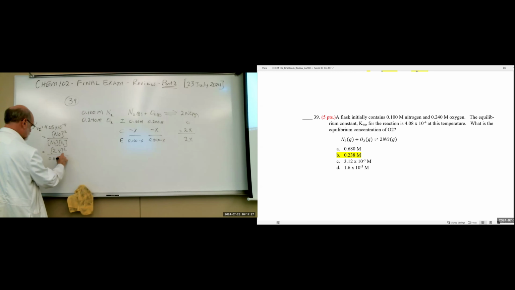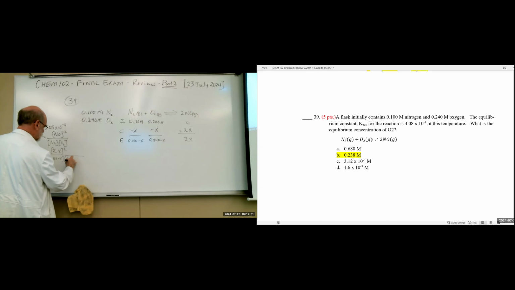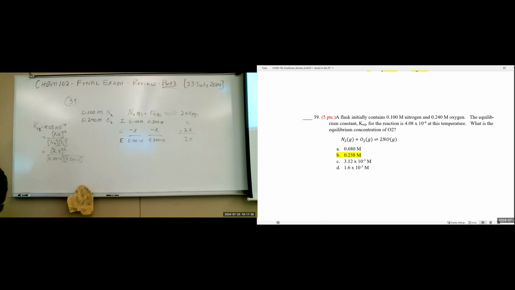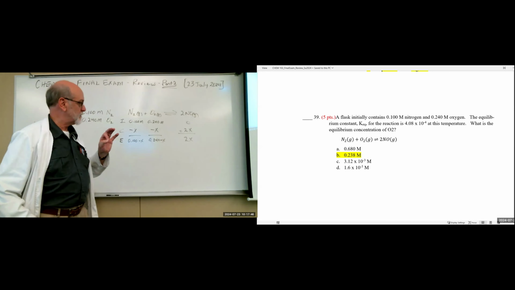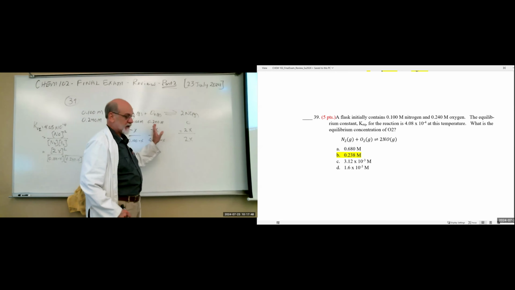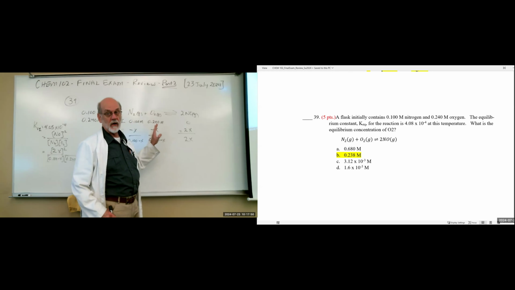0.100 minus X times 0.240 minus X. Notice that K is a very, very small number. That means this X loss is going to be very small.